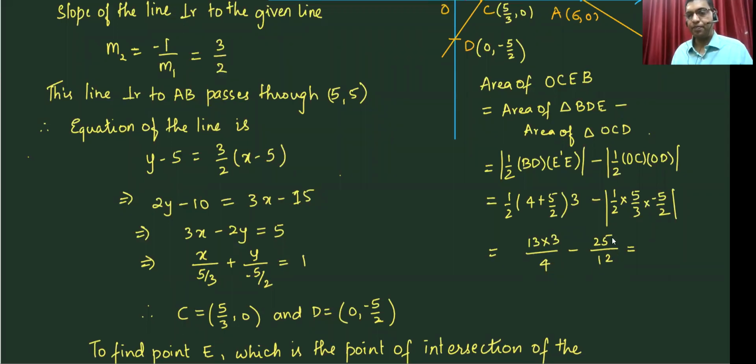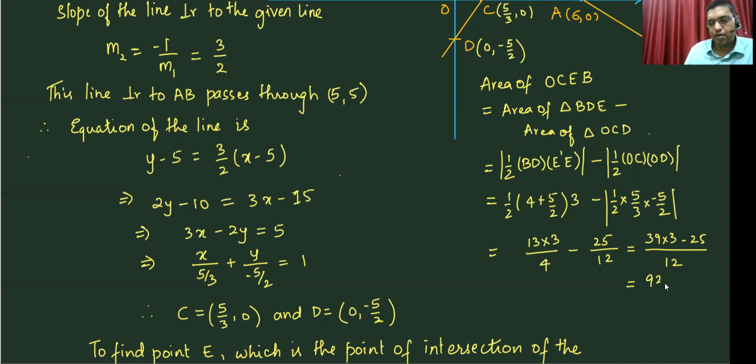So calculate with LCM 12. 13 3 is 39 into 3 minus 25. 40 into 3 is 120, 39 is 117, minus 25. 117 minus 20 is 97, minus 5 is 92.